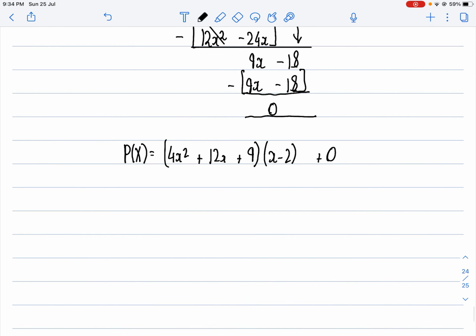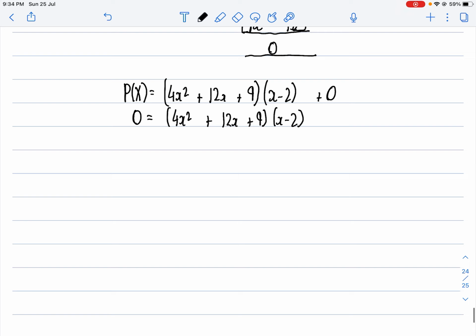Now the next step is I equate this to 0, so I write this as 0 equals 4x square plus 12x plus 9 into x minus 2. So I can write this basically as 4x square plus 12x plus 9 equal to 0.